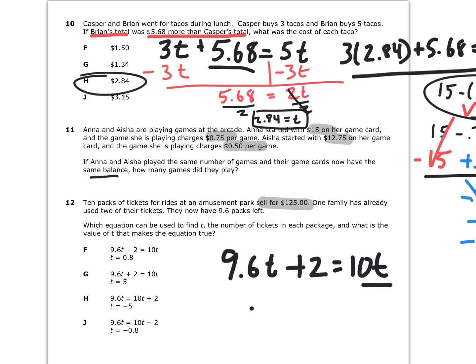So I have to add the 2 tickets, not take away the 2 tickets. So I'm going to say that one's not right. Okay, now once again, G looks exactly like what we have, so we'll leave G for now.